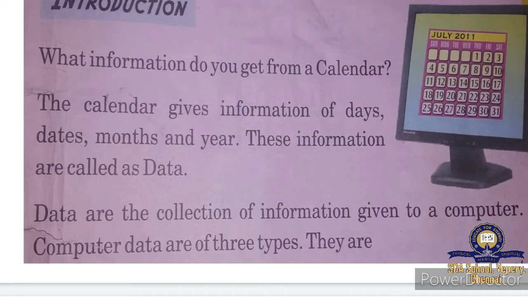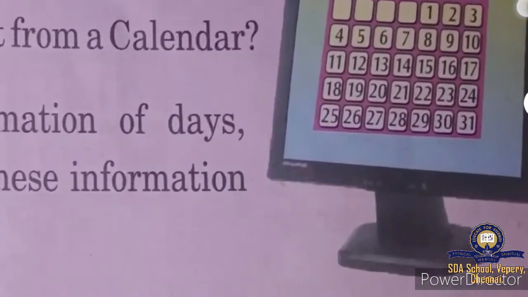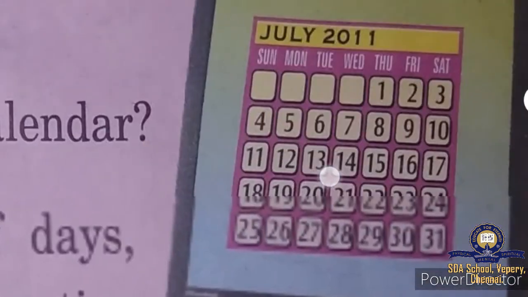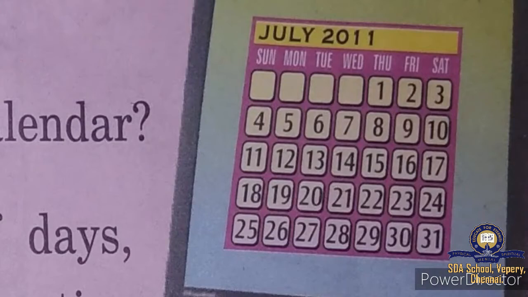What information do you get from a calendar? If you take a calendar, what information do you get? You can see the month name. July is the month. Year 2011 is the year.